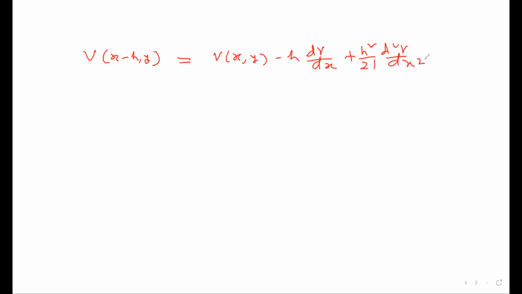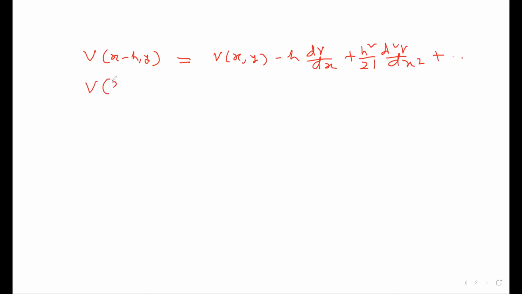For example, if we want to approximate V(x minus h, y), how can you write it? You just expand it into a Taylor series in the x direction. That will be equal to V(x,y) minus h dV/dx plus h squared divided by factorial 2 times d2V/dx2, and we are neglecting the higher order terms.